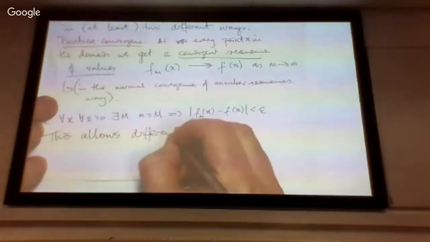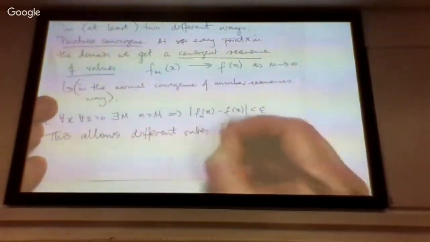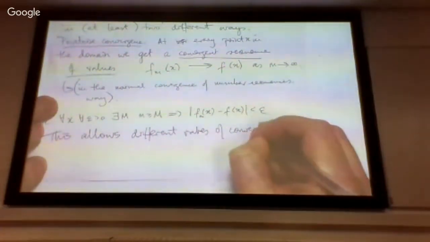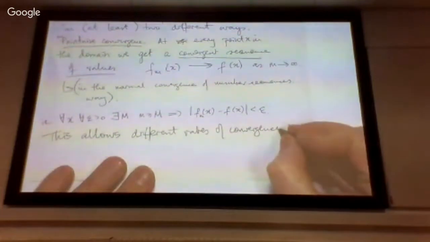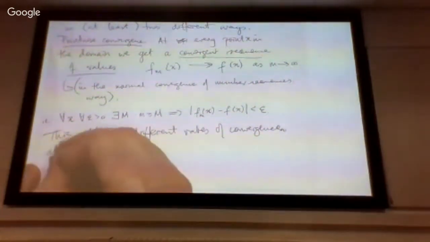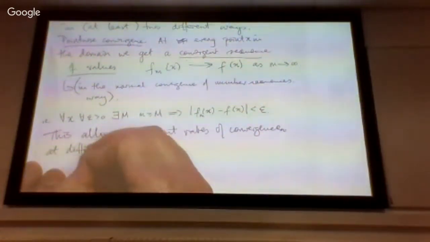We can tell that it allows different rates of convergence just because it makes no claim or requirement about it. So this allows different rates of convergence at different points x.